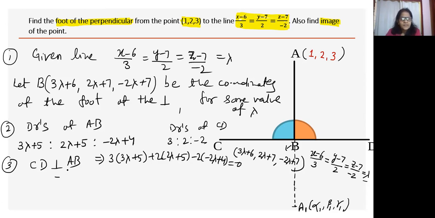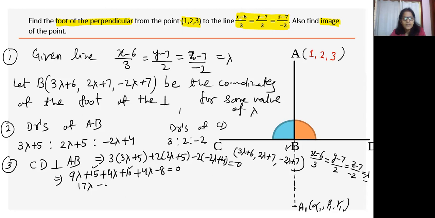This implies 9 lambda plus 15 plus 4 lambda plus 10 plus 4 lambda minus 8 equal to 0. So 9 lambda plus 4 lambda plus 4 lambda is 17 lambda, and 15 plus 10 is 25 minus 8, that is 17.